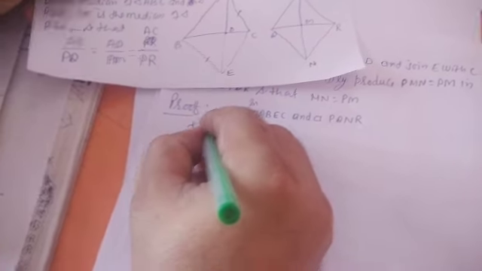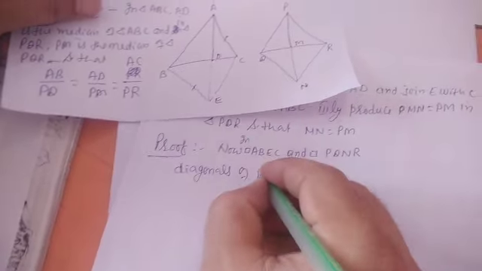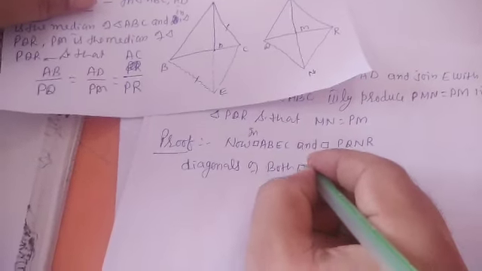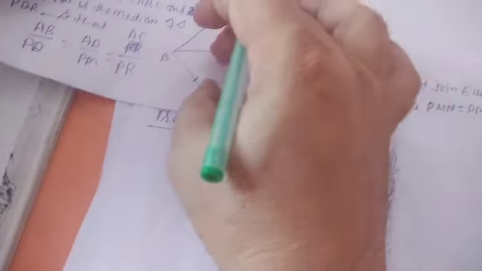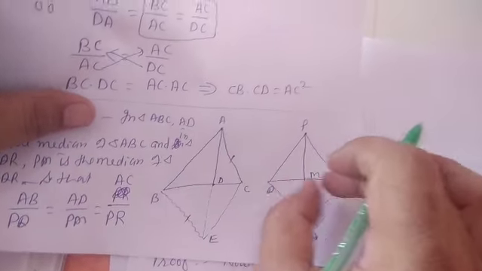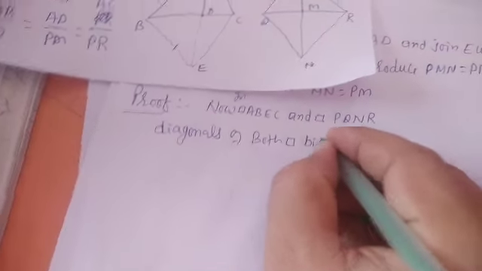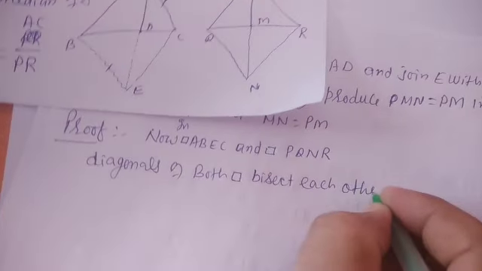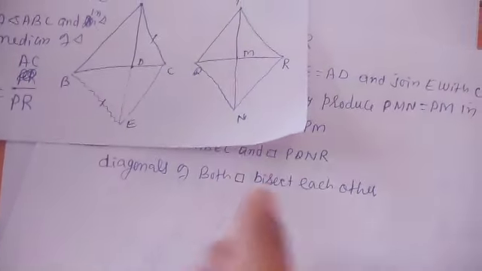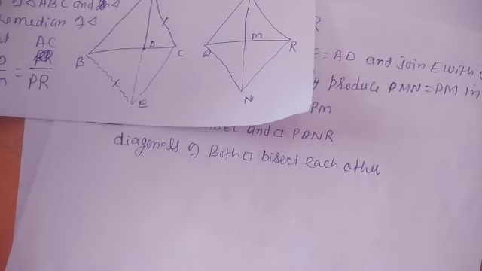Diagonal of both quadrilaterals, as you know, AD equal to DE, BD equal to DC, PM equal to MN, QM equal to MR. Diagonals of both quadrilaterals bisect each other. So whose property is this? This is a property of a parallelogram.